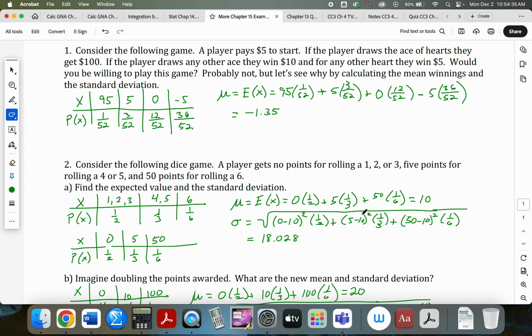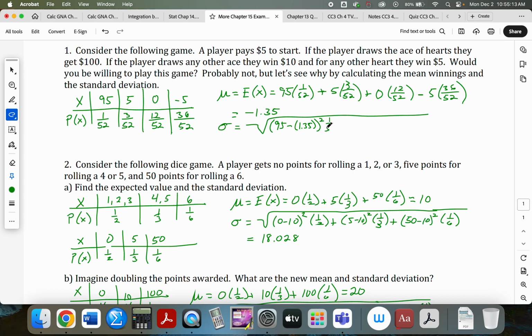And then the standard deviation is going to be the square root of, you have to be careful about this, it's 95 minus negative 1.35 squared. The mistake people make is they do 95 minus 1.35. So it's really 95 plus 1.35? Yeah.